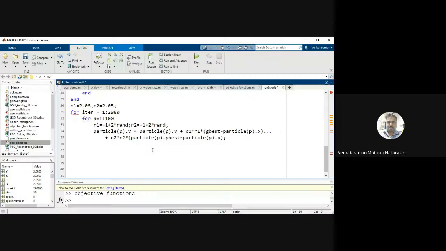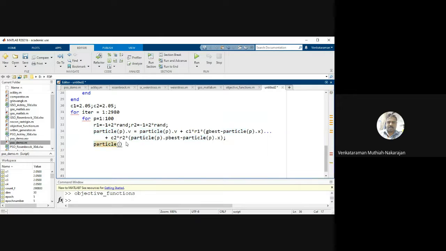So let us go back to the code. Now we go to the second step. Before going to the second step, if you are adding something to the velocity, you have to make sure the velocity does not go out of the bounds.